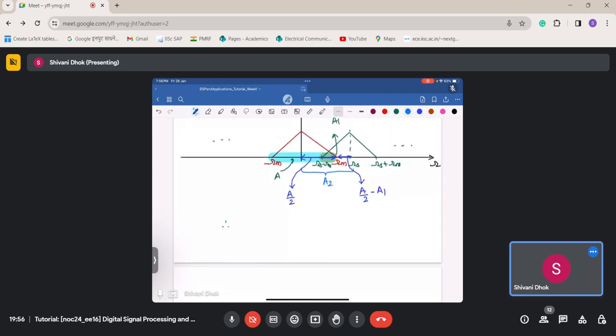So therefore A2 is equal to A by 2 plus A by 2 minus A1, which is equal to A minus A1. Any questions?